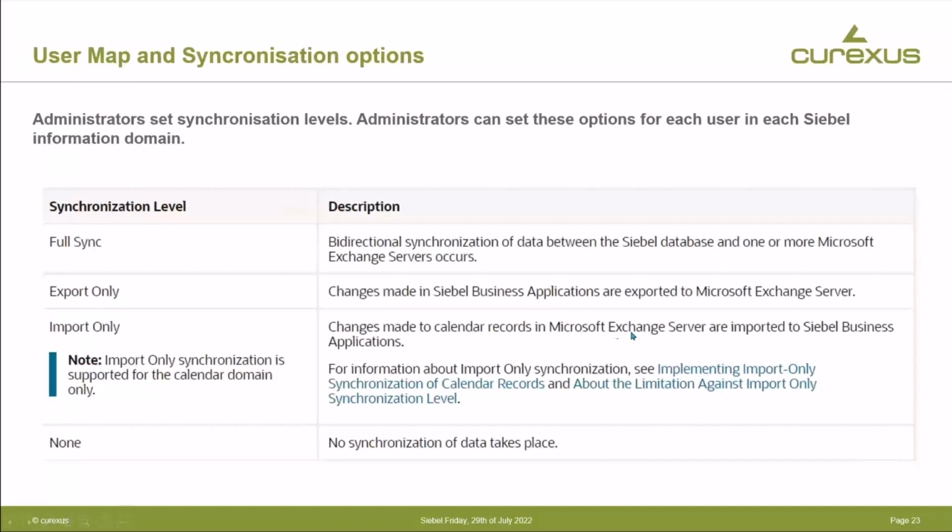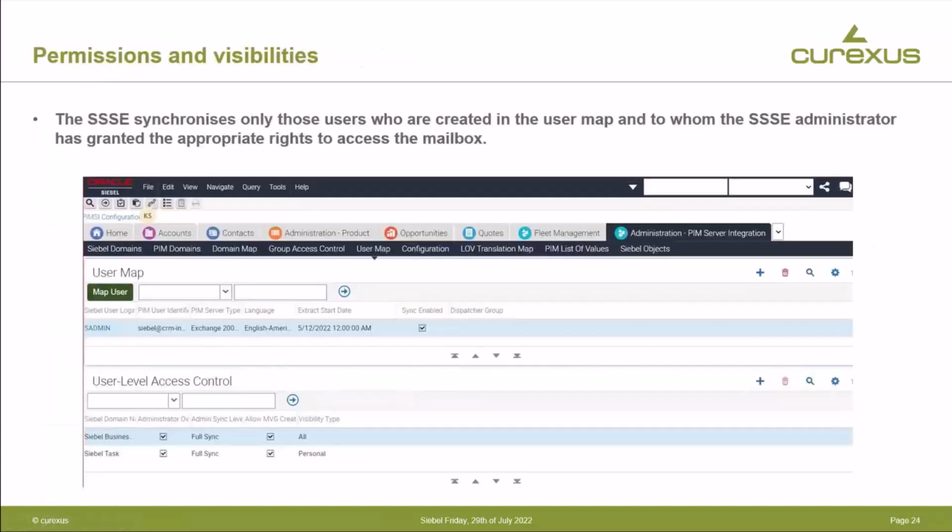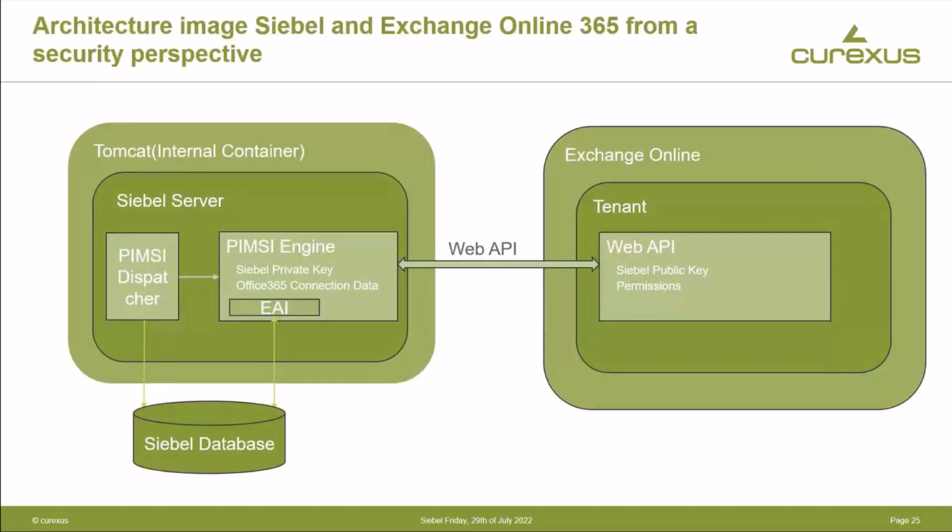Changes made to calendar records in Microsoft Exchange Server are imported to Siebel business applications. Or you can say none. And here I've shown this right on the system. And at the end, that's it.